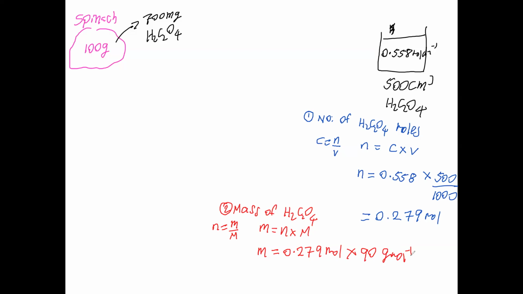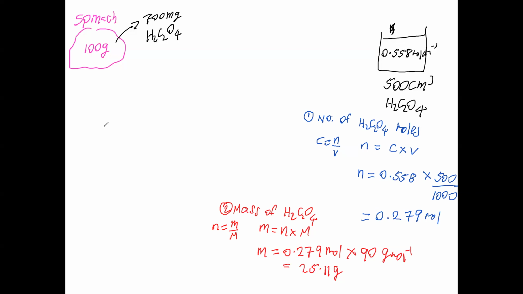Right. If you multiply 0.279 by 90, we get 25.11 grams. So the mass required is 25.11 gram. So I need 25.11 gram of H2C2O4.